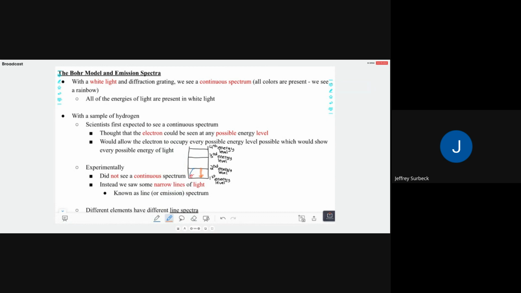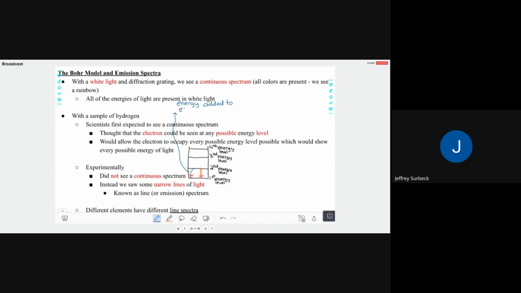All right. I do want to make a couple of different points on this. We are adding energy to this electron, and so I'm going to write this above here: energy is added to the electron.